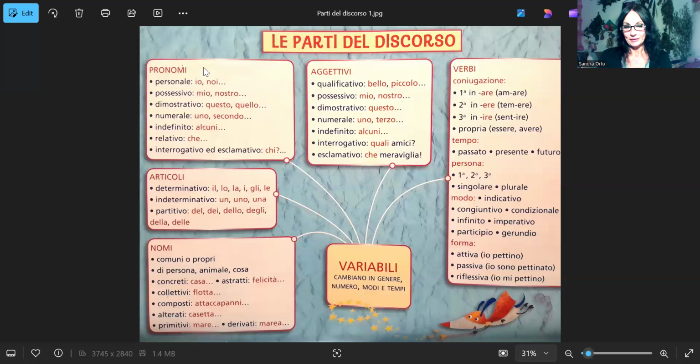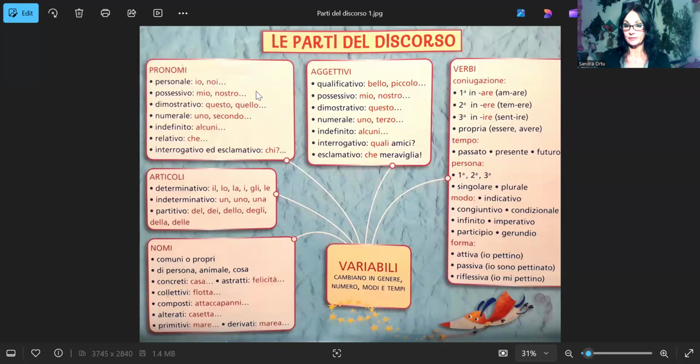So, one group of pronouns changes according to number, depending on whether it's singular or plural: io, tu, lui, lei, noi, voi, loro. These change only in number, not in gender. You cannot see if the person we're talking about or talking to is masculine or feminine.